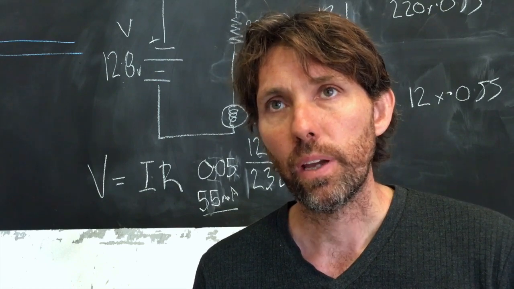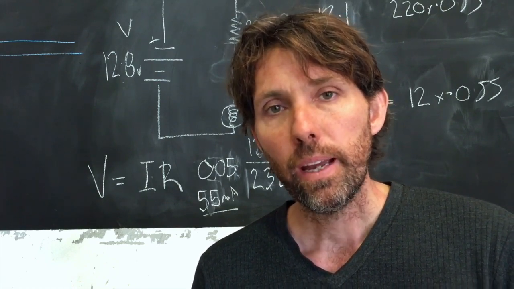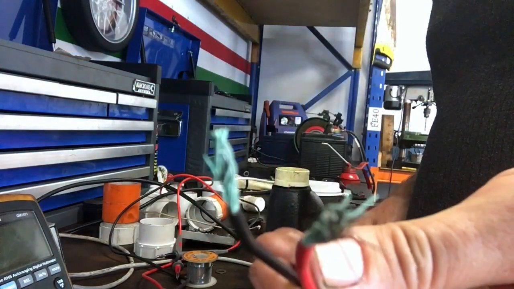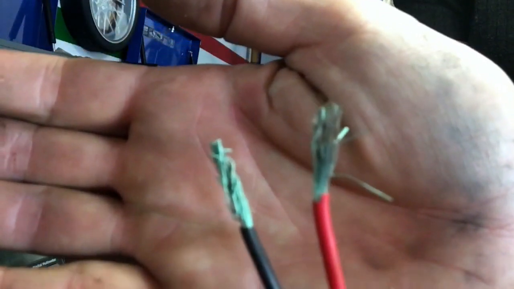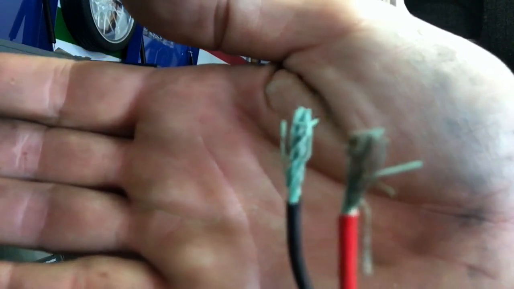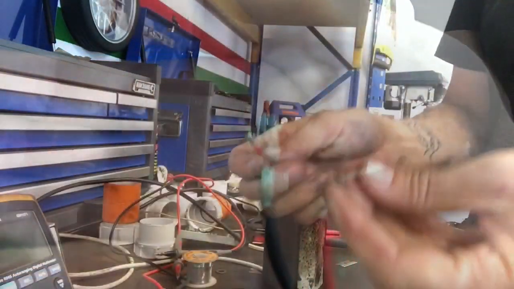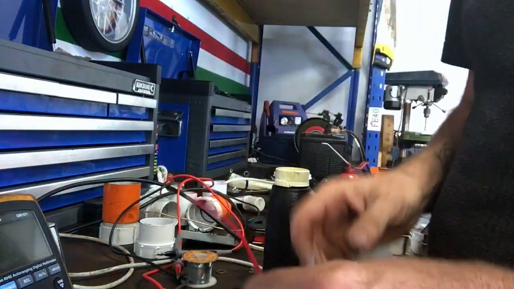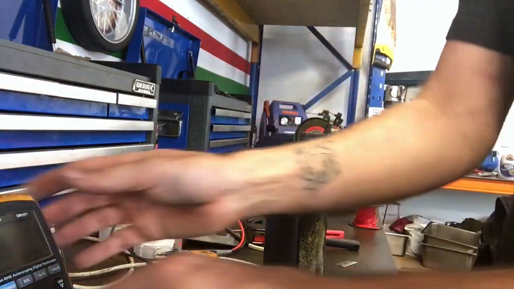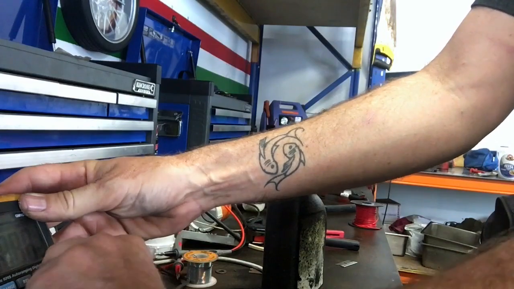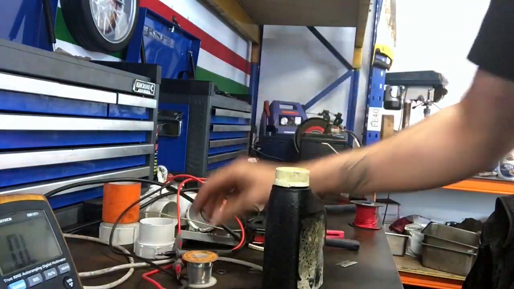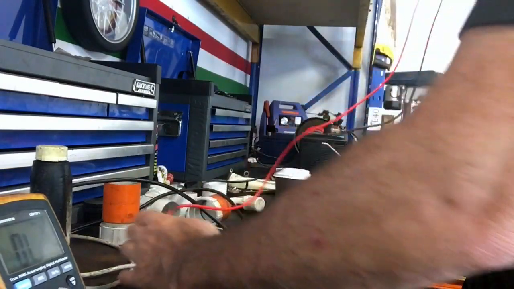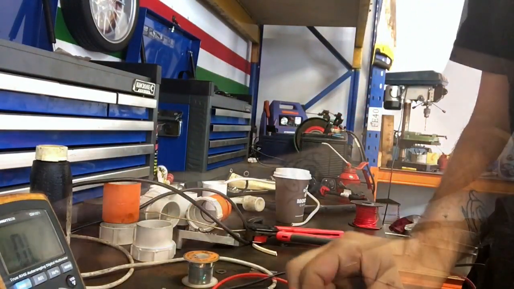So let's just have a quick look at that now as another sort of practical thing, and then we'll wrap up. This is a pretty common sort of corrosion you get on copper in boats. So if I take these sort of corroded wires, twist them together a bit, go to a resistance setting on my multimeter.